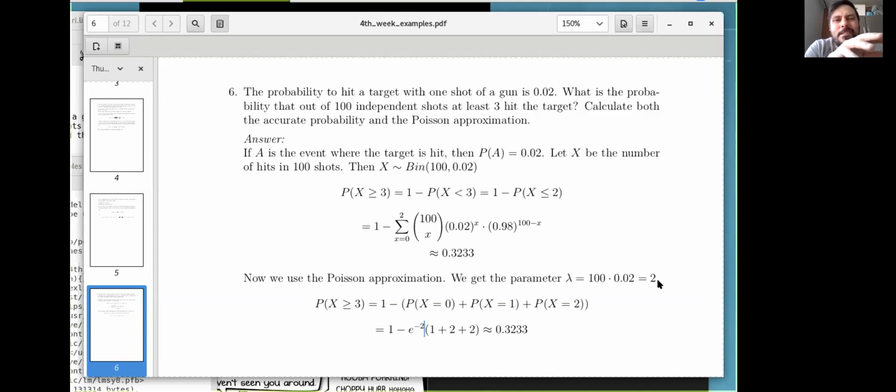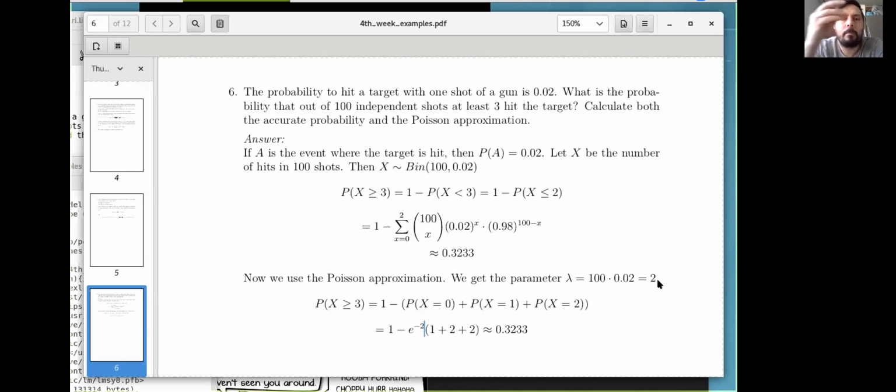A good rule of thumb, and that's not strict, is that the Poisson distribution works pretty well if n times p is a relatively small number between, let's say, 1 and 10, and n is, let's say, high tens or hundreds, and p is somewhere in the 0.0-somethings.